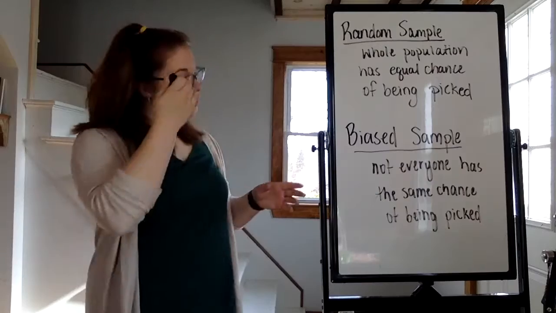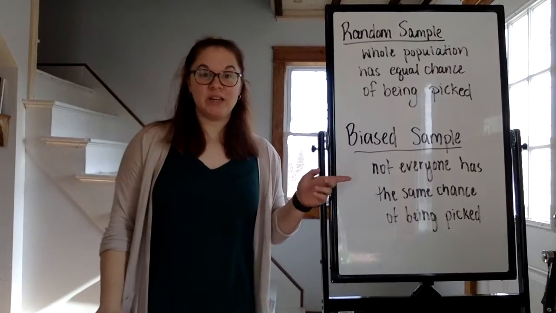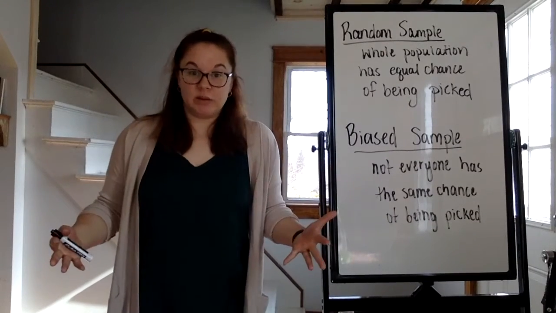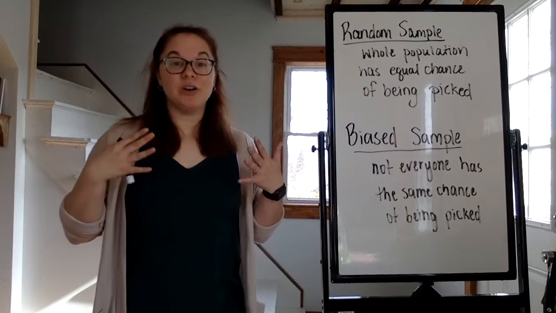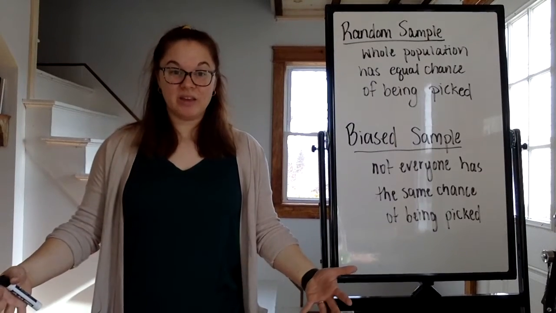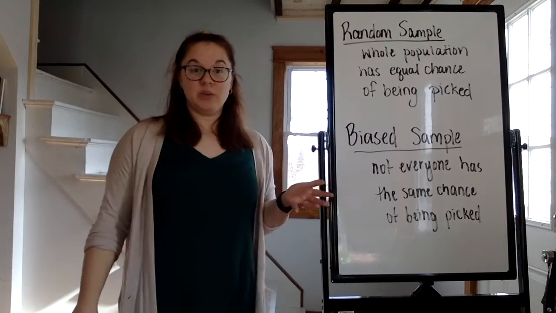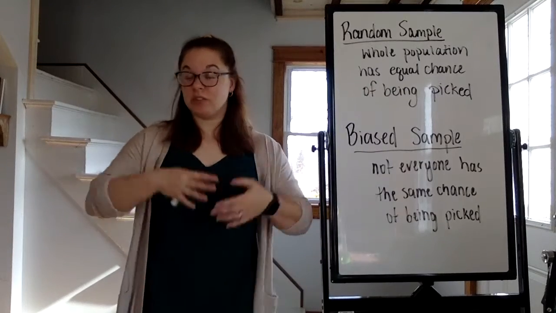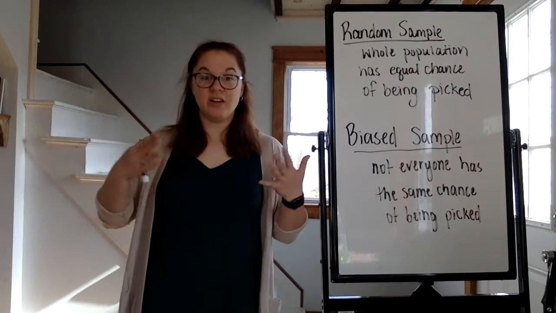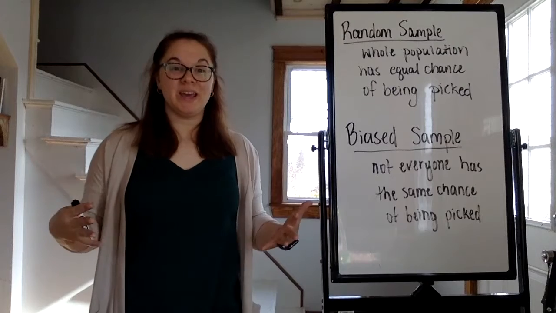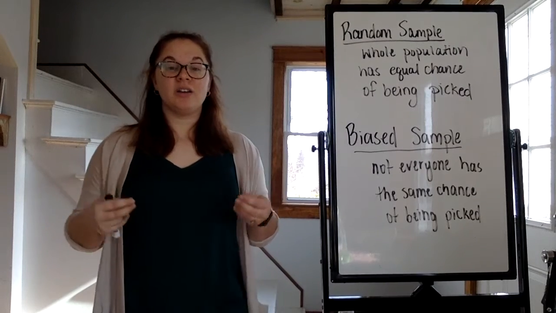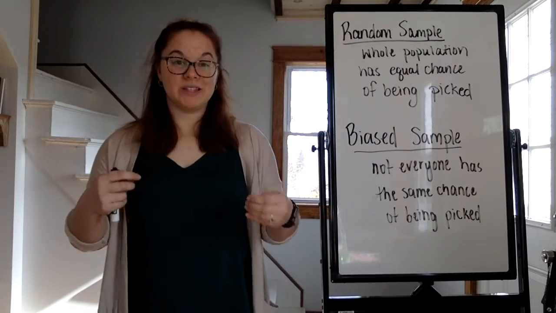Everybody in that population of students that has their work done has a chance of being picked. Biased samples you see when it comes to making sports teams, and biased samples aren't a bad thing in that case, because you are taking the population of students at Mount Jefferson Junior High and you are picking the students that are most promising at a sport.